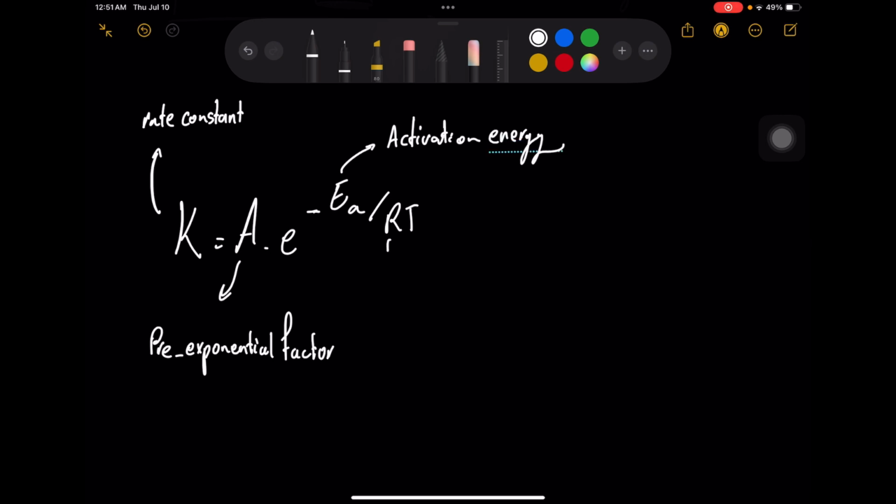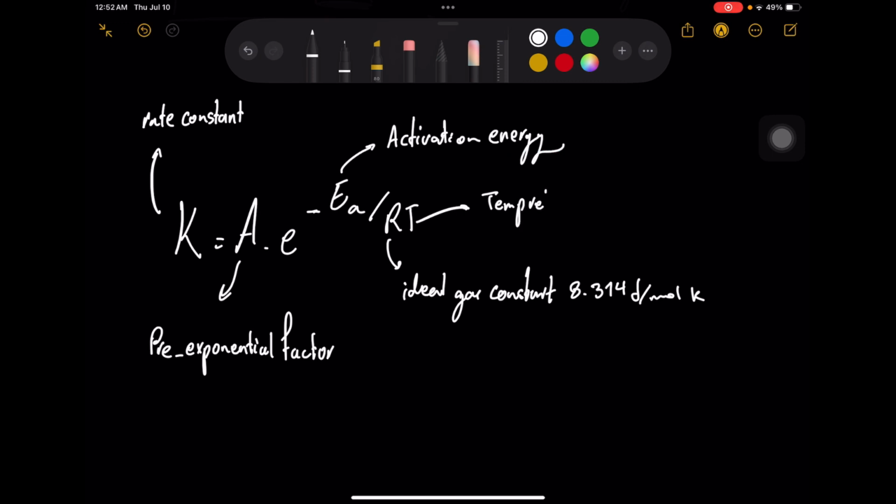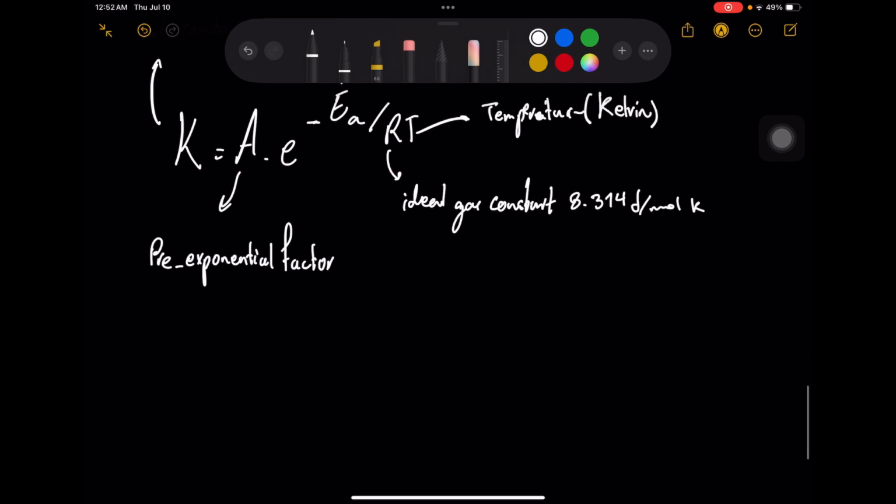R is our ideal gas constant, which if we use Kelvins, moles, and joules, then that number is 8.314 joule per mole Kelvin. And T is the temperature. And notice it's in Kelvin. It's important to know that.